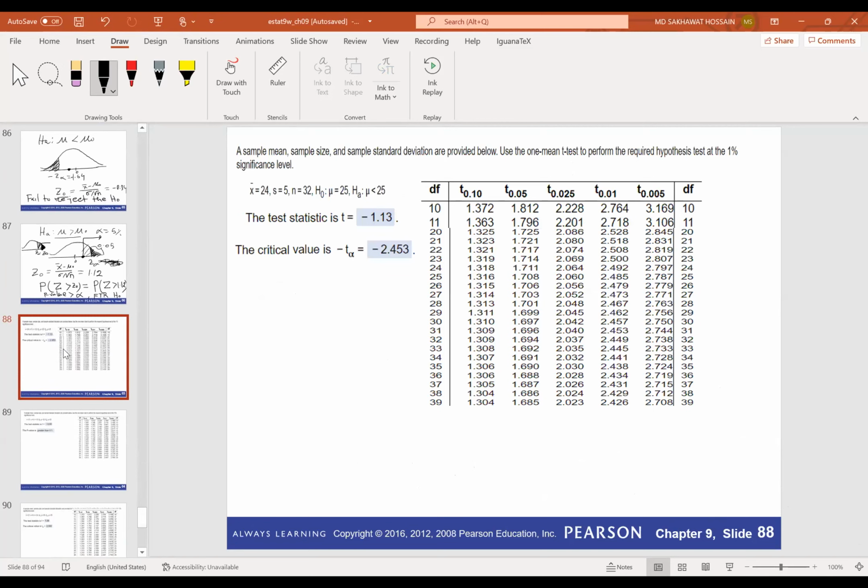Okay, so in the last class, we were discussing the hypothesis test for one population mean when sigma is unknown. That means this value is not given, so we will be using the sample standard deviation S instead of sigma.